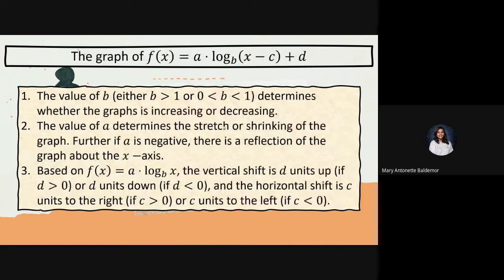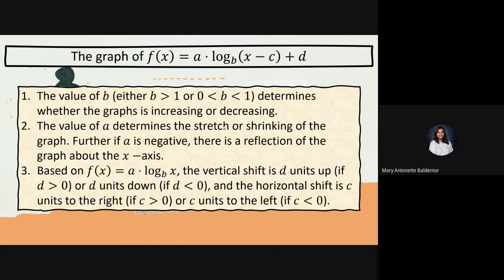But what if the graph of f of x has constants? So we have a, c, and d. If the graph of f of x is equal to a times the logarithm of x minus c with base b, plus d, the properties are as follows.